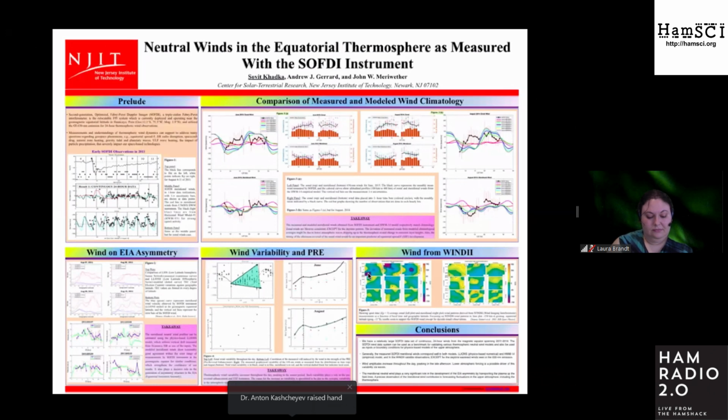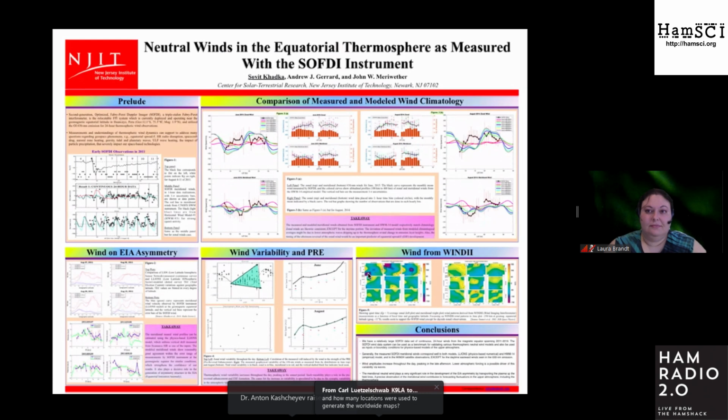The black curve with vertical red bars represents the monthly mean of SOFDI wind with measurement uncertainties, which is compared with 100 to 400 kilometer altitudinal profiles of SWM14 model represented by color curves.